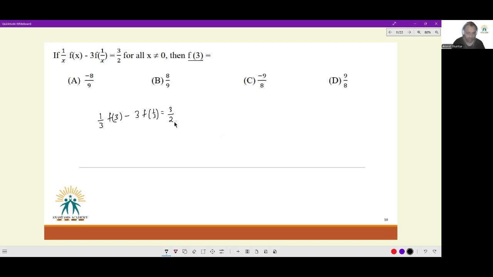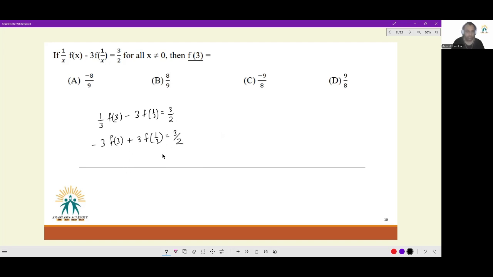So in the next iteration, we will have x equal to 1 by 3. If x equal to 1 by 3, 1 by 1 by 3 is equal to 3. So we have 3 times f of 1 by 3, this is positive, minus 3 times f of 3, and this is also equal to 3 by 2.